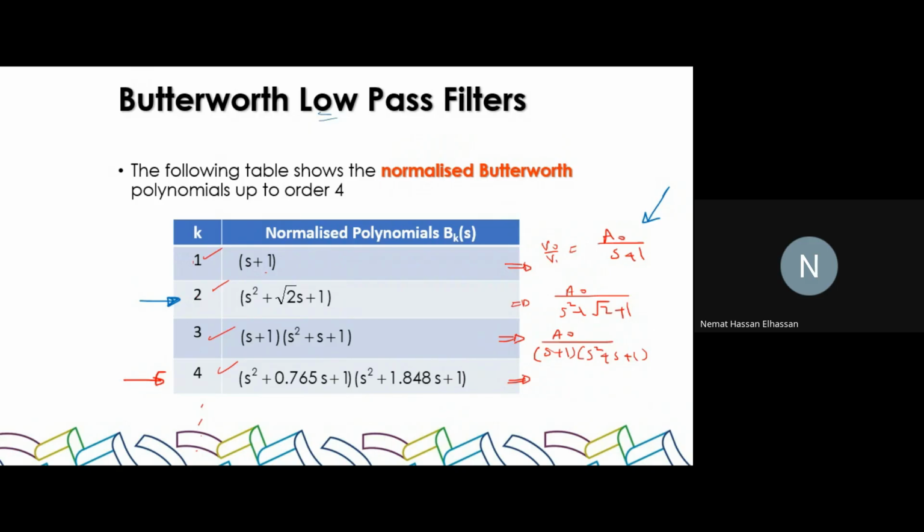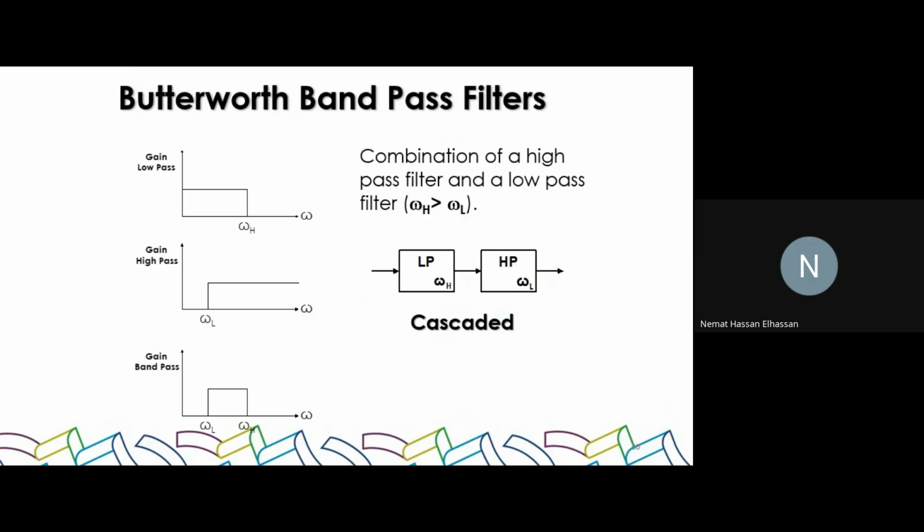Okay. So finally, just to give you a summary, if you know how to build a Butterworth low-pass filter and a Butterworth high-pass filter, you can easily cascade them to get a Butterworth band-pass filter, because the intersection between the high pass and the low pass, which is this overlap, will be your pass band, right?